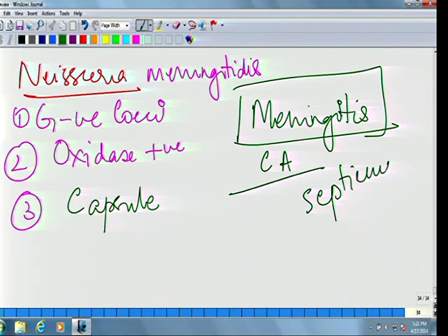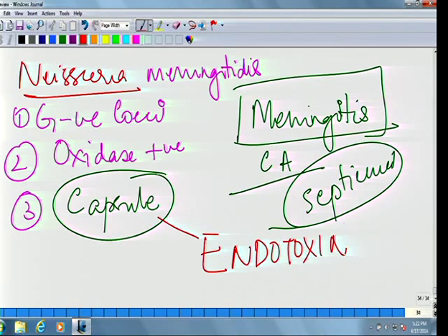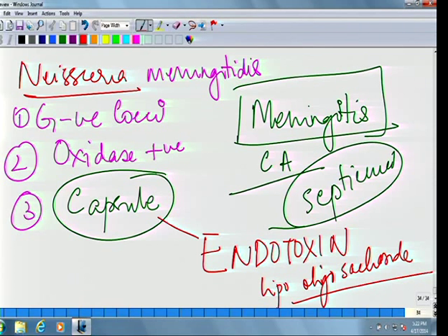Okay. Now, what is the most important virulence factor? One, of course, is the capsule, and the other, the endotoxin. What is special about the endotoxin of Neisseria meningitidis? It's also called a lipo-oligosaccharide. Okay, it's a very potent endotoxin, so somebody who is infected with this bacteria, how will they present?